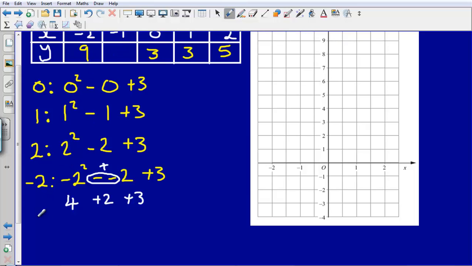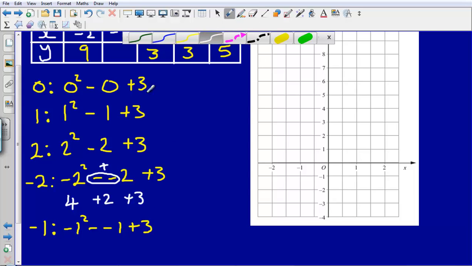Let's take a look at when we have negative 1. So negative 1 again will be minus 1 squared minus minus 1, then add on 3 at the end. Let's go through what this calculates to. Minus 1 squared gives me 1, because minus 1 multiplied by minus 1 gives me 1.